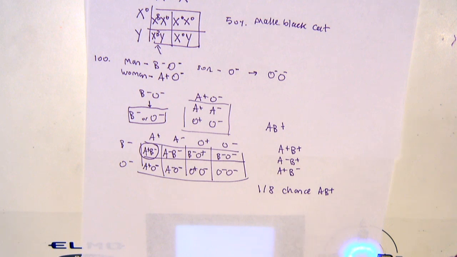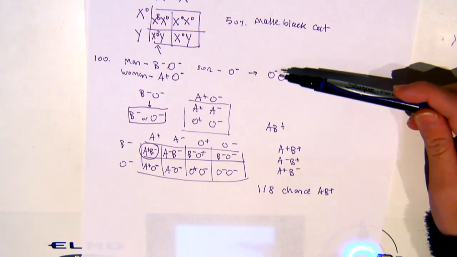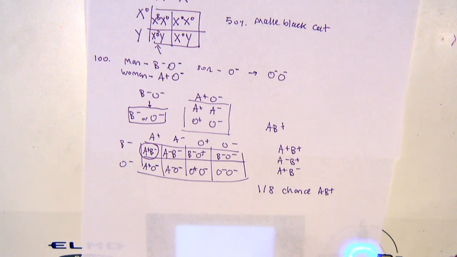We know the son is going to be homozygous for O because he's O type and O is recessive. So in order to have O type blood, you'd have to have two O's. The same thing goes for a negative Rh factor. Negative is recessive, the plus is positive. And since we're diploid organisms, we always have two copies of an allele. So since he's O negative, we know he's going to have two alleles for the negative Rh factor. Does that make sense?